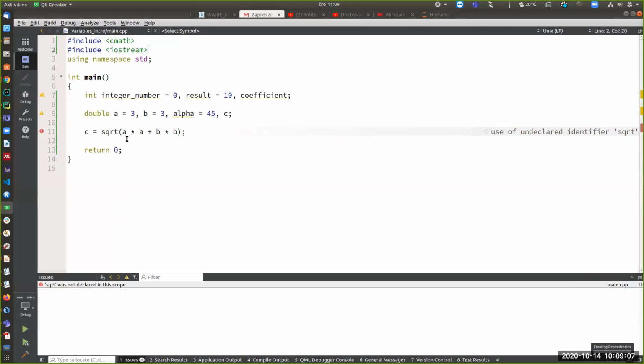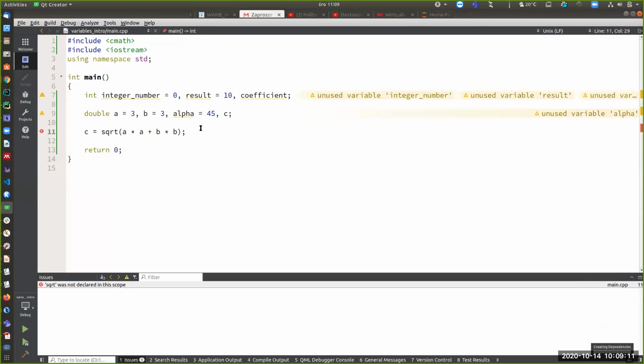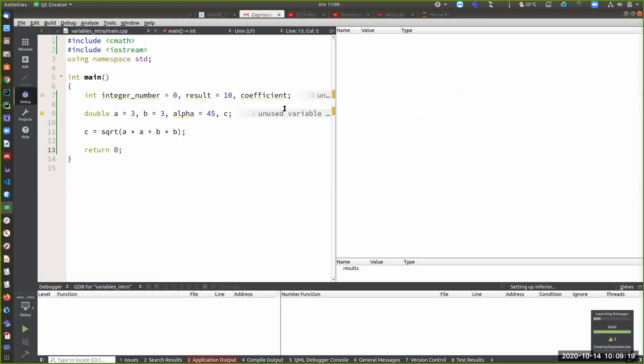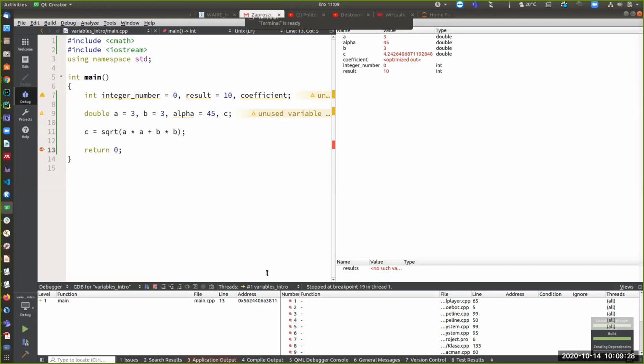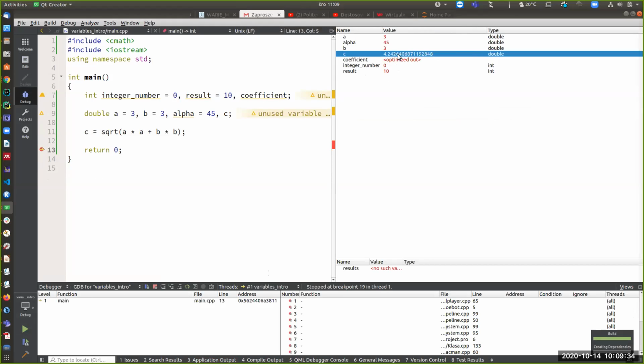So I have to use cmath here. Okay. So when I run in debugger mode, you can see that c was calculated and the value is about 4.2.